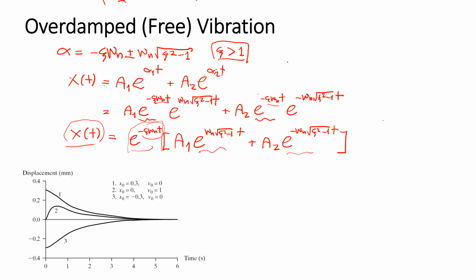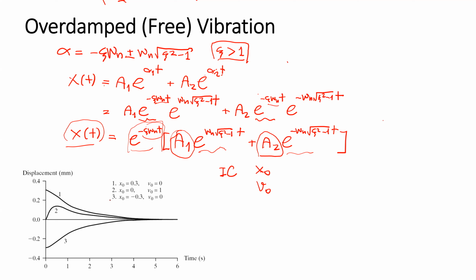So again, to solve the problem, we still need to know the initial condition. We need to know the x0 and v0 in order to solve for the unknown a1 and a2.